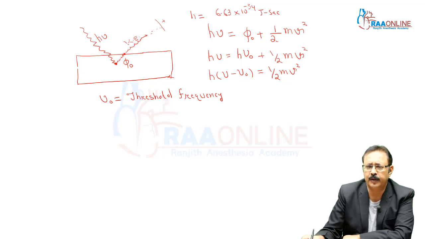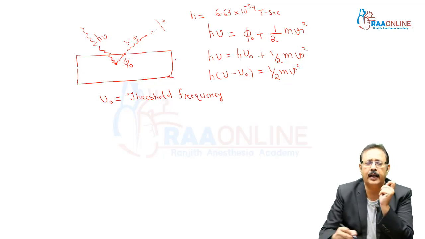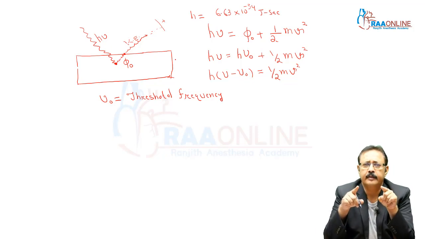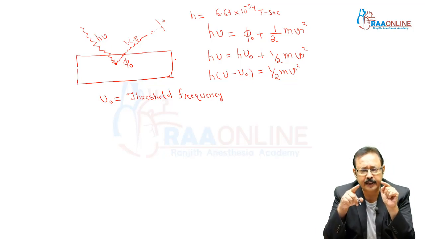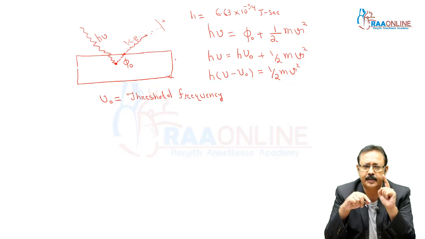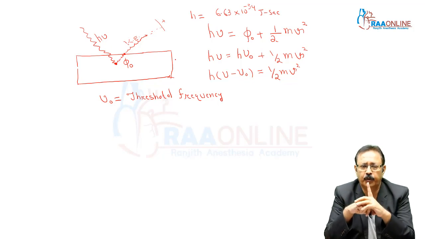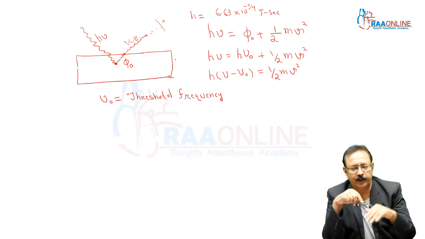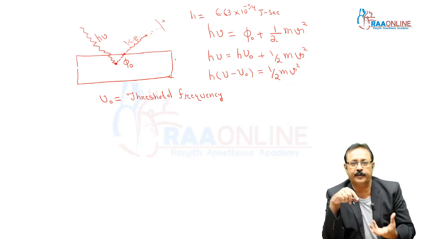This effect is known as the photoelectric effect, and the matter from which you can eject electrons with the help of light is known as a photosensitive substance. Photosensitive substance means it is not happening everywhere, that light is falling on this table and you will get electrons.